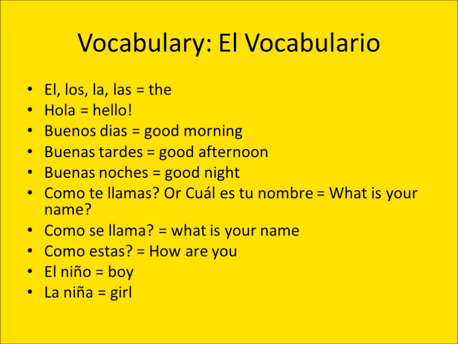Okay, so the second one, we have hola. Try to pay attention to the little pieces. In Spanish, the syllables are usually a consonant and a vowel, but you can also have two consonants and a vowel, or a vowel by itself.